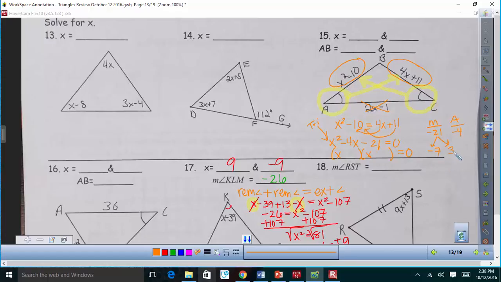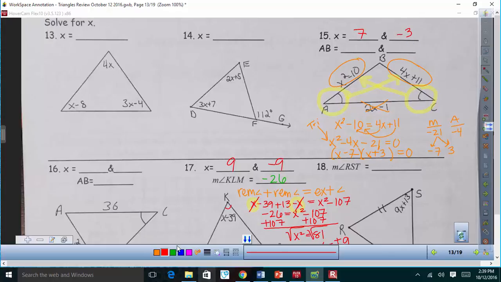Negative 7 times 3 is negative 21. Negative 7 plus 3 is a negative 4. Okay, now, when I get my x's up here, what do I do to these in the parentheses? Okay, we do the opposite. Since this is minus 7, this would be a positive 7. Since this is a positive 3, it would be negative 3.